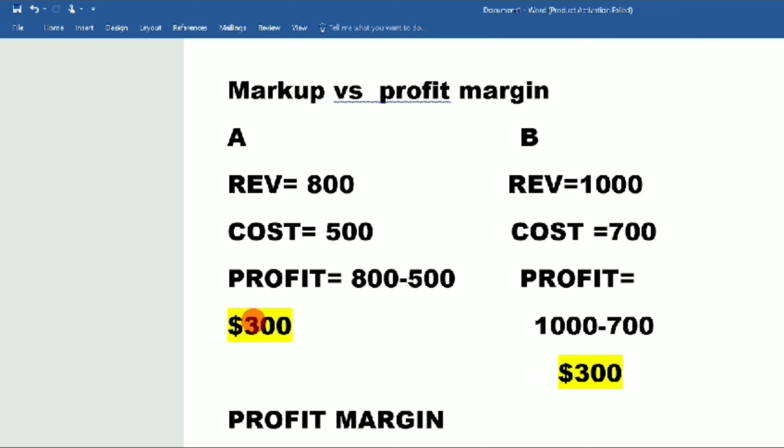It's not a matter of making a profit of $300, or a revenue of $1,000, $1 million, $150, any amount of dollars in revenue. It's a matter of, for you to make that revenue, what amount of cost have you sunk into it.